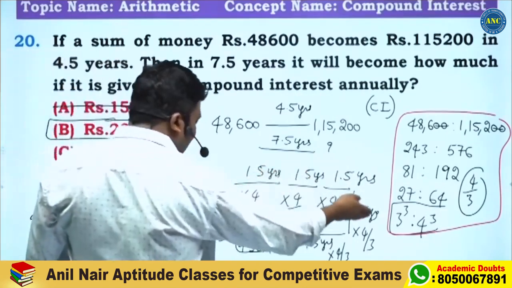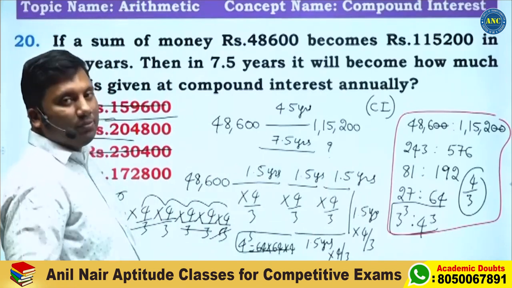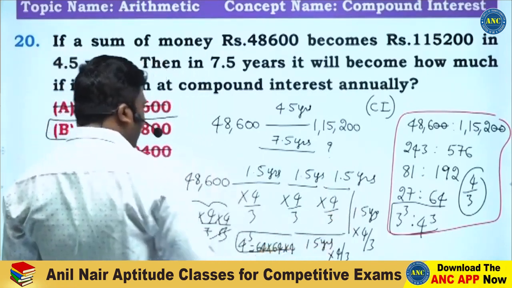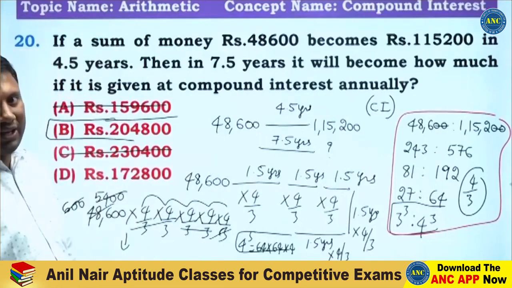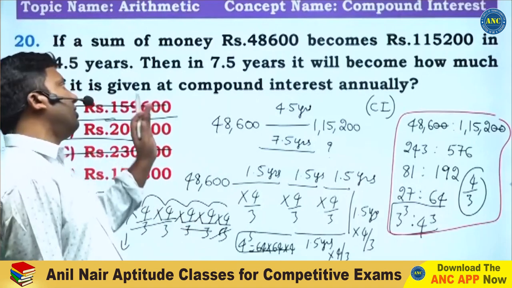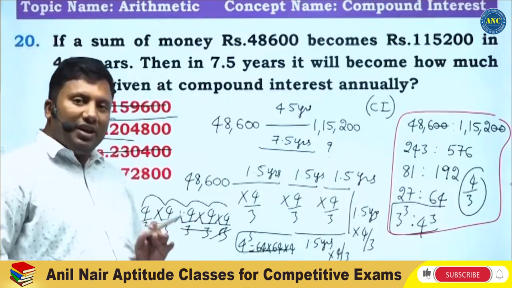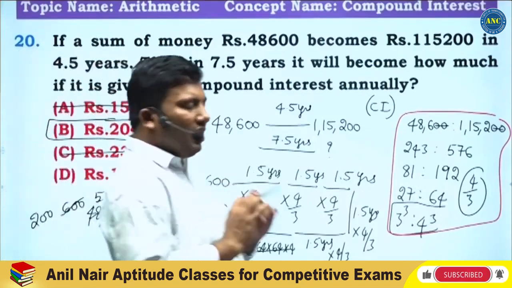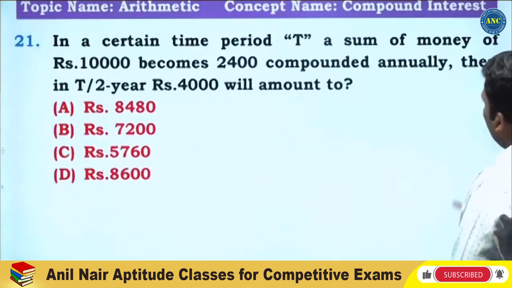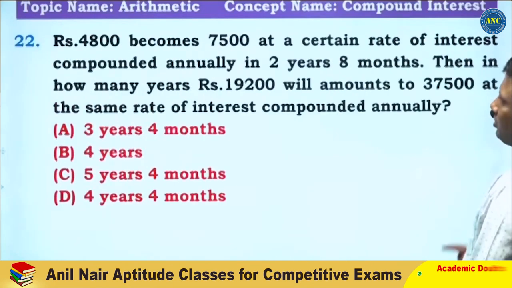After 4.5 years, extra 1.5, 1.5 into 4 by 3 into 4 by 3. I hope the idea is crystal clear to you. Do not fear just by looking at the number of years. It's a very easy question if the scaling factor concept is clear to you.